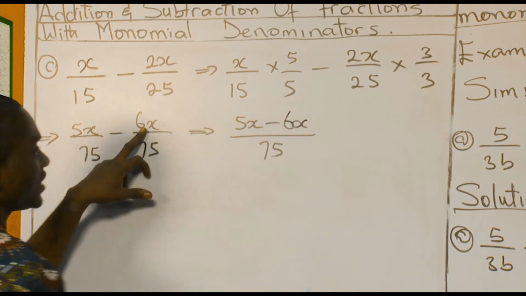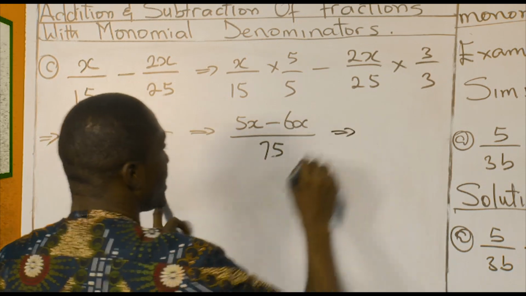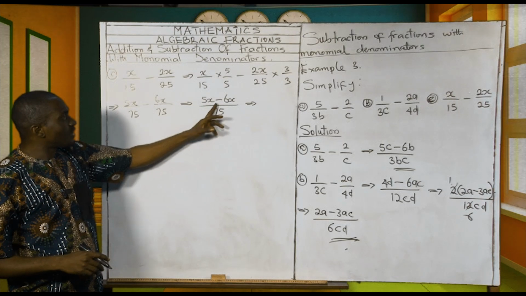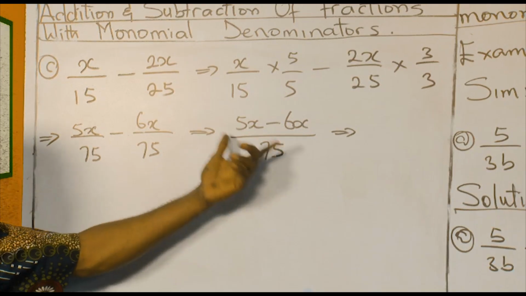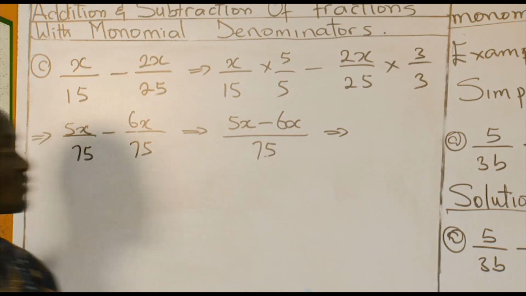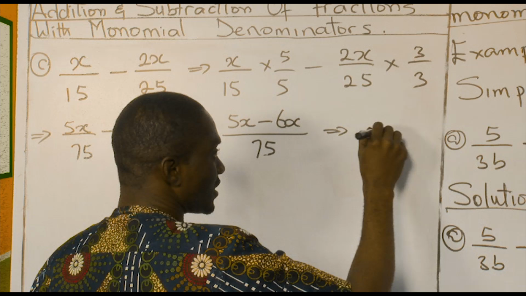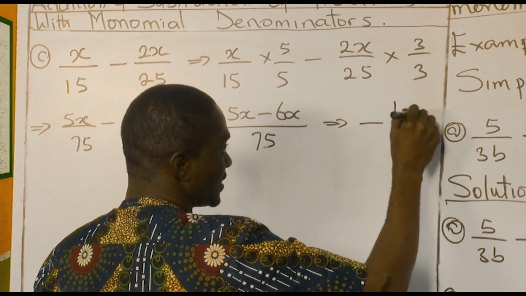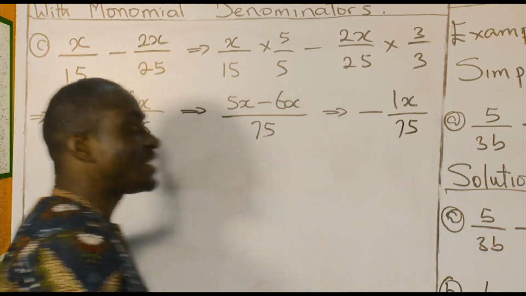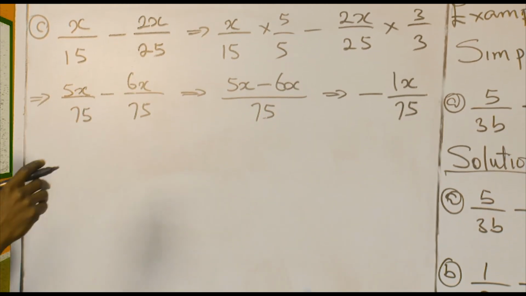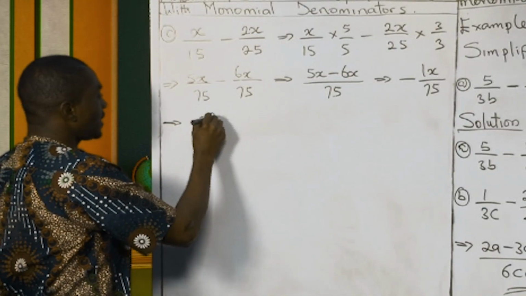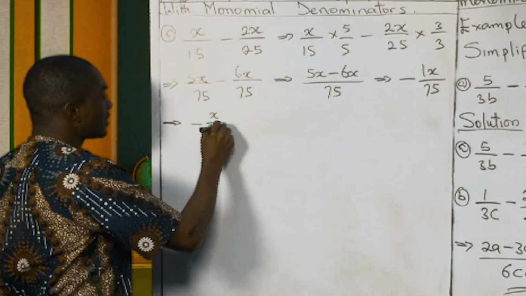Now we want to subtract: 5x minus 6x. Subtracting 6x from 5x will give you minus 1x over 75, and that 1x is the same thing as x. So which is minus x over 75.